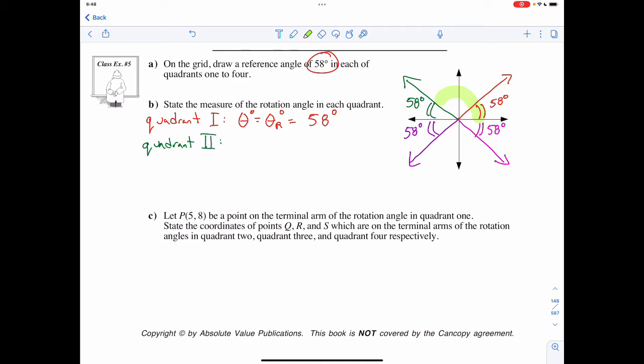So I can always solve for what the other one is by saying if I have my rotation angle, it would be 180 degrees minus my reference angle. Or in this case, 180 minus 58 is going to be at 122 degrees.